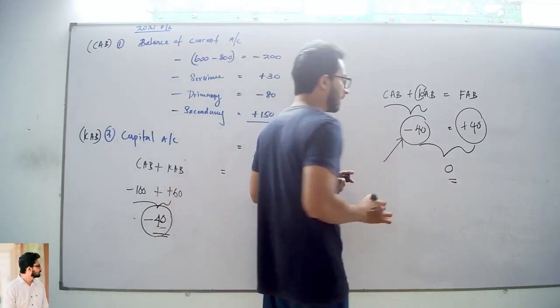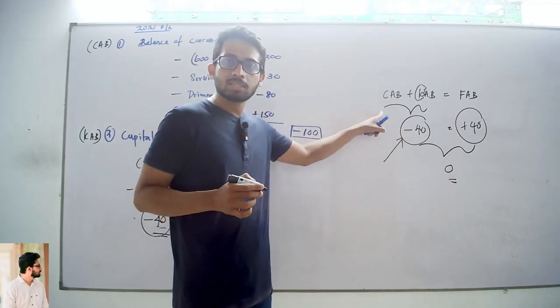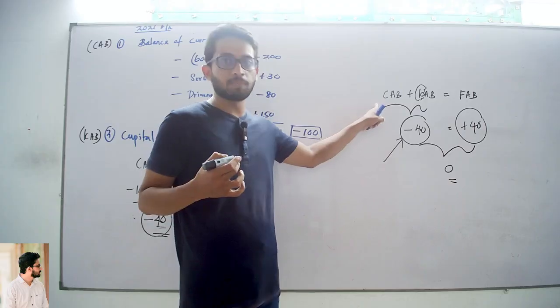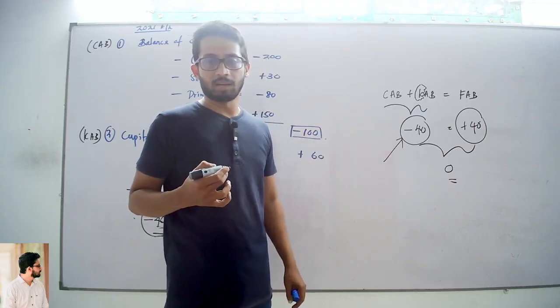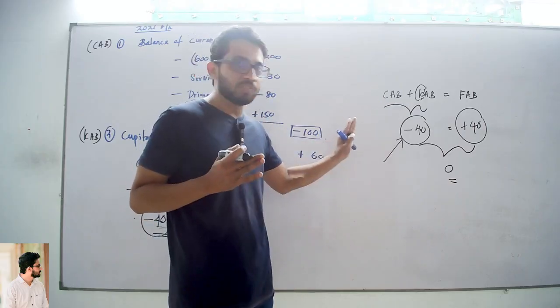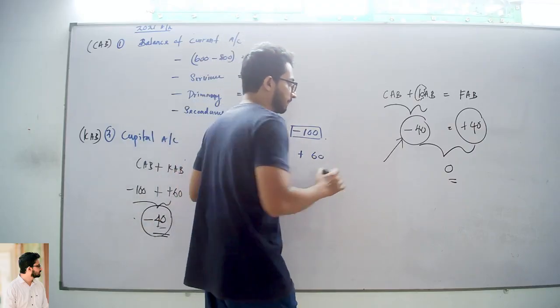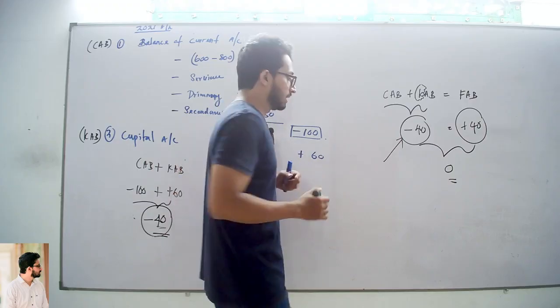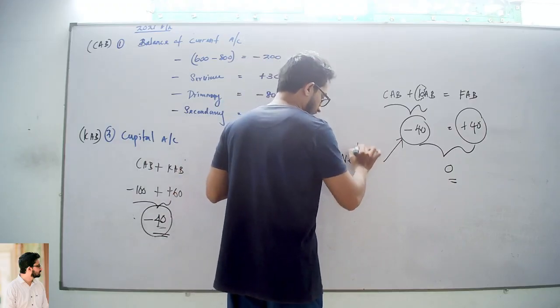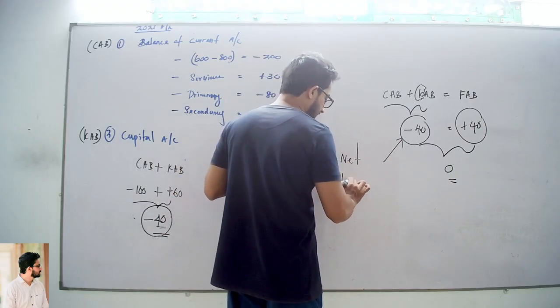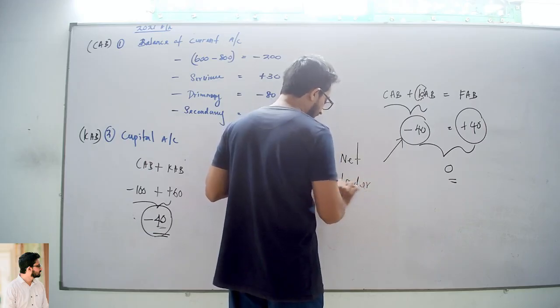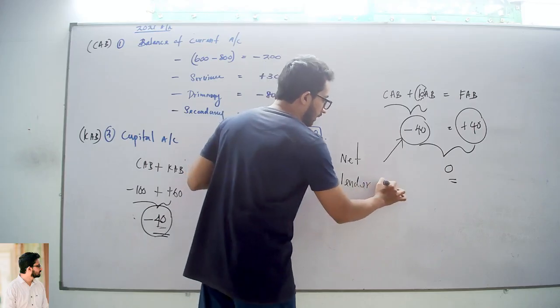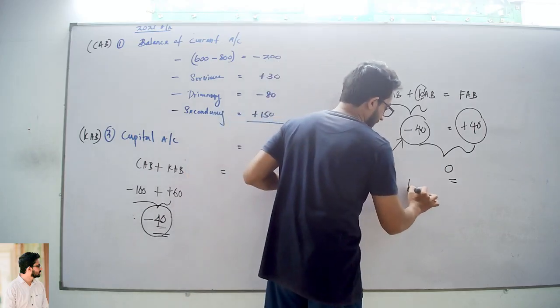By looking at this value, the sum of the current account and capital account balances, we can say whether the country is a net lender or a net borrower.